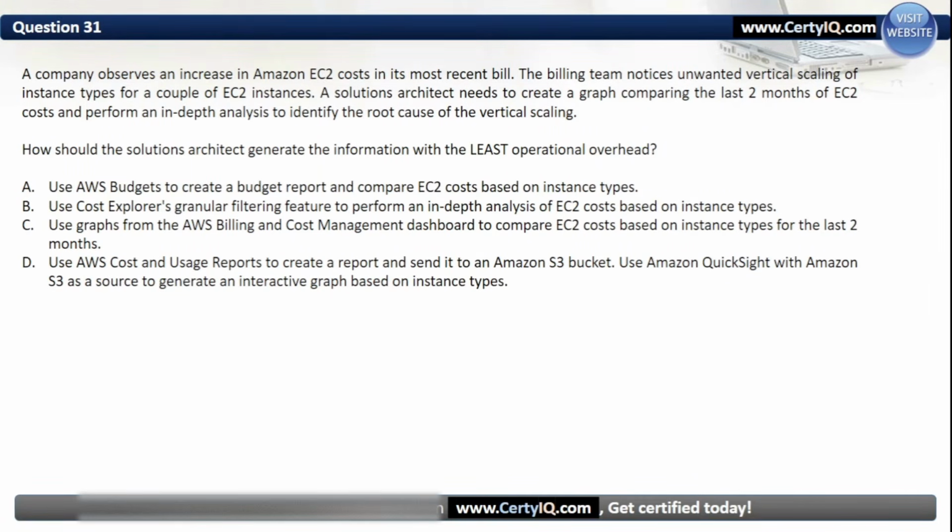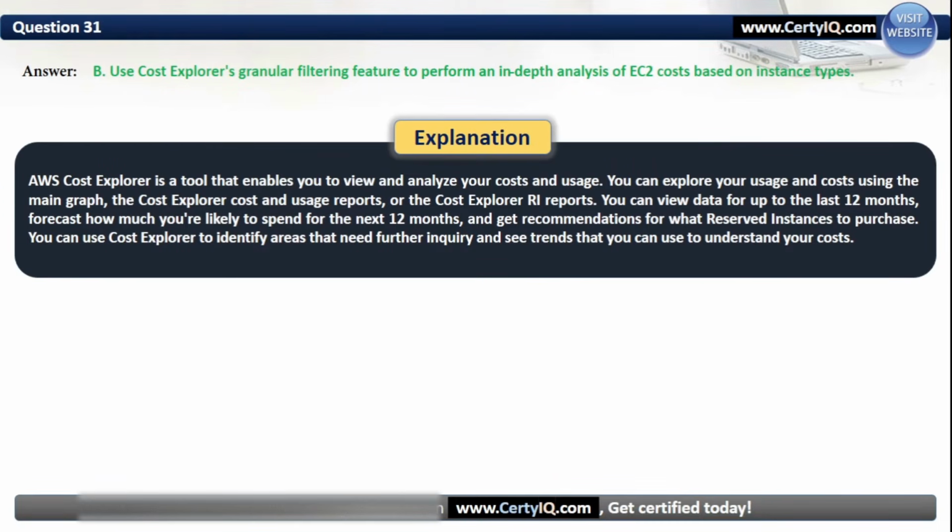The correct option is B. Use Cost Explorer's granular filtering feature to perform an in-depth analysis of EC2 costs based on instance types. AWS Cost Explorer is a tool that enables you to view and analyze your costs and usage. You can explore your usage and costs using the main graph, the Cost Explorer cost and usage reports, or the Cost Explorer RI reports.